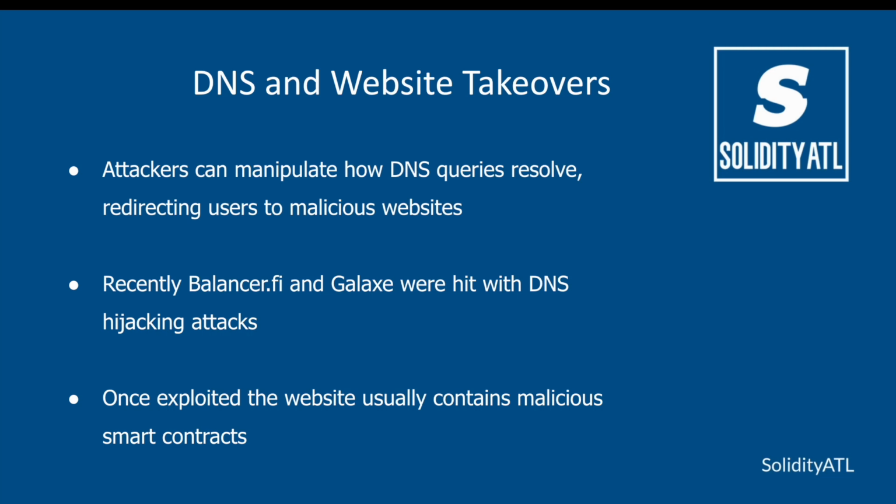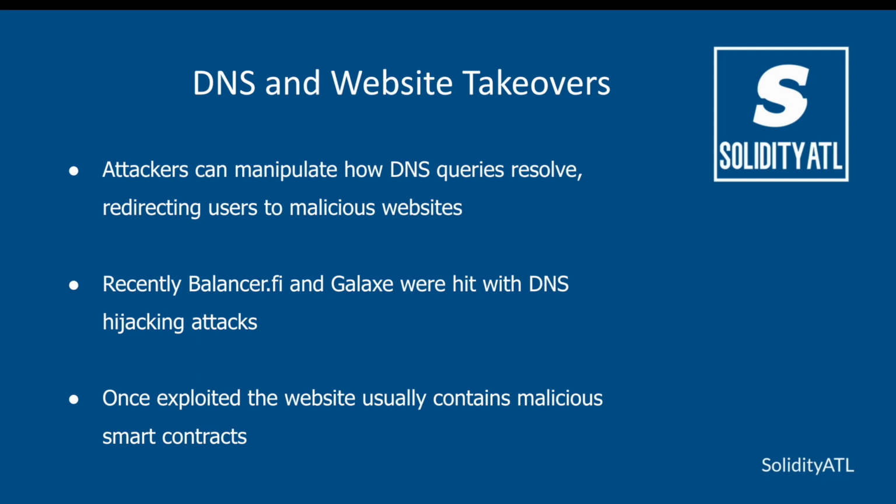I know we're talking about Web 2. Let's shift our brains and think about Web 3 for just a second. When you host your dApp, you're still using a website, so you're still susceptible to a DNS hijacking attack. Whenever this typically occurs on a Web 3 dApp, the website usually contains content that's pointing to malicious smart contracts.